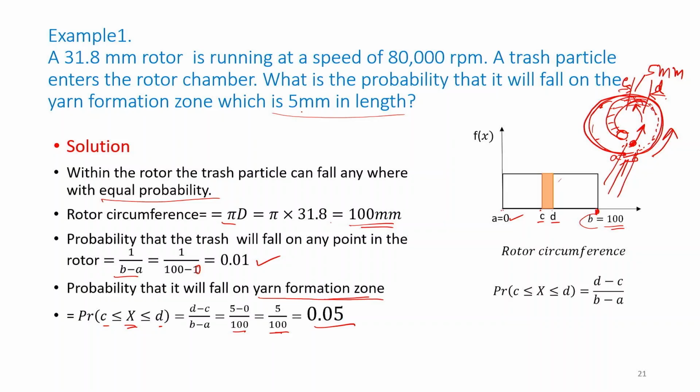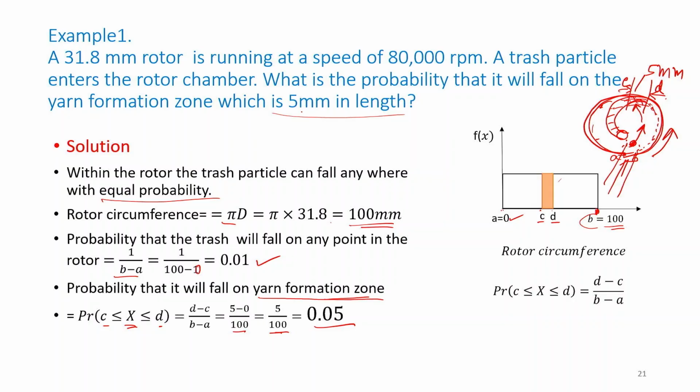Now sometimes if the trash particle is big, it can lead to breakage of the yarn. If the particle is very small, it may not be able to disturb the spinning process, but if the particle happens to be big in size, then it can disturb the smooth spinning process and it can lead to breakage.